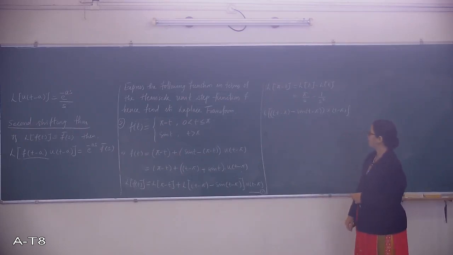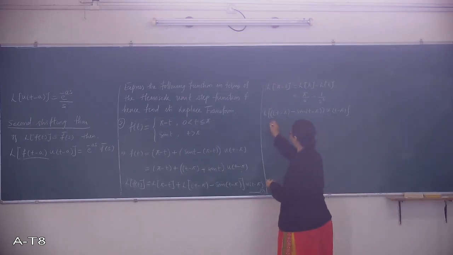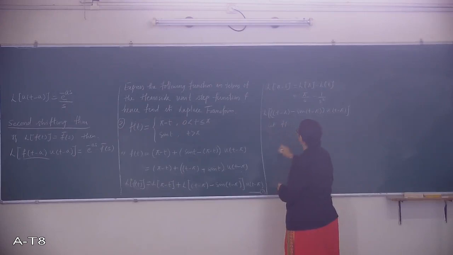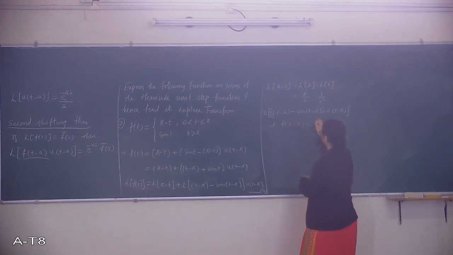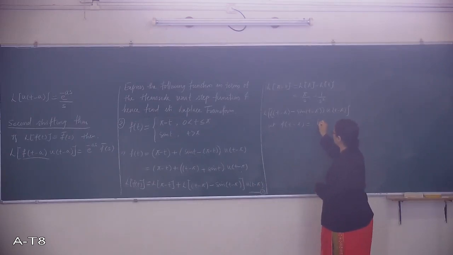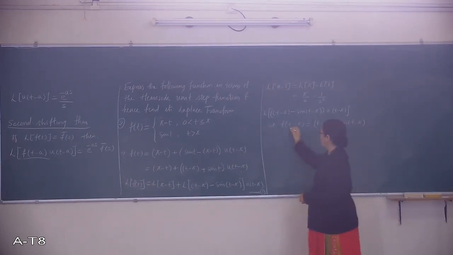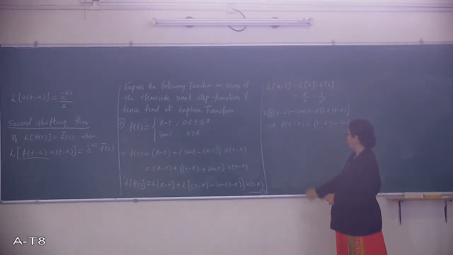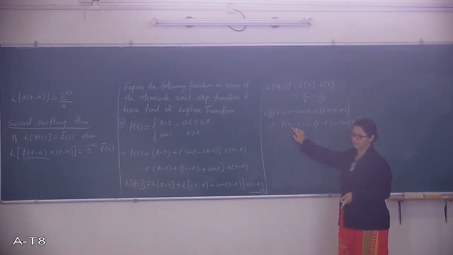So here we have to go for the second shifting property. Before that, let f of t minus pi equal t minus pi minus sine of t minus pi, okay. Now we replace t by t plus pi to get f of t.